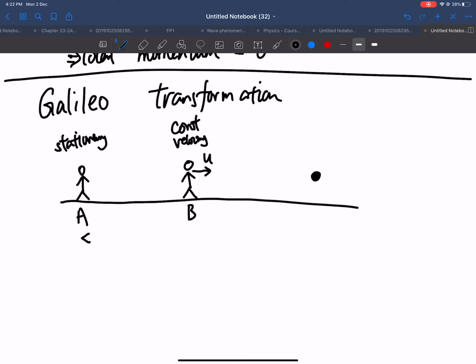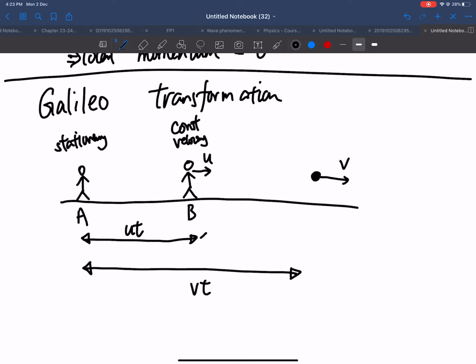The distance between A and B is u times t, speed times time equals distance. And the object is moving with constant velocity v, so here is v times t.